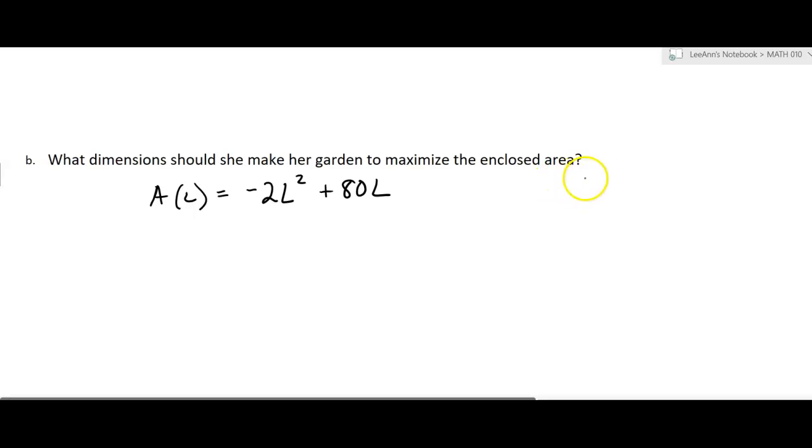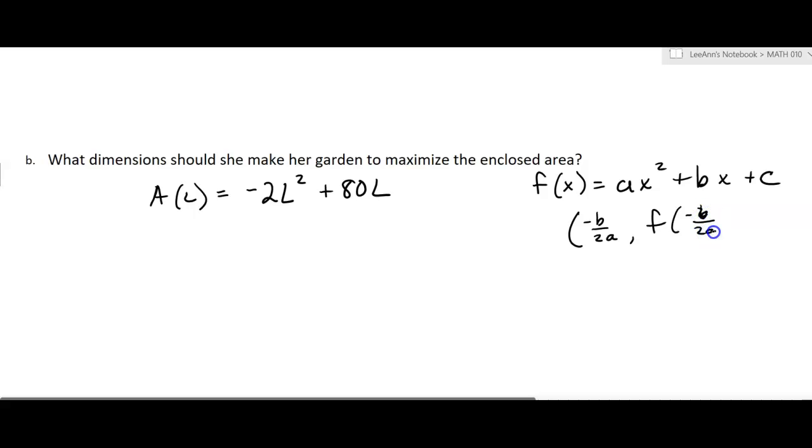Well, remember, if I have it in general form, which is what this is, not the standard form, then I can find the vertex by negative b over 2a, and then f of negative b over 2a.